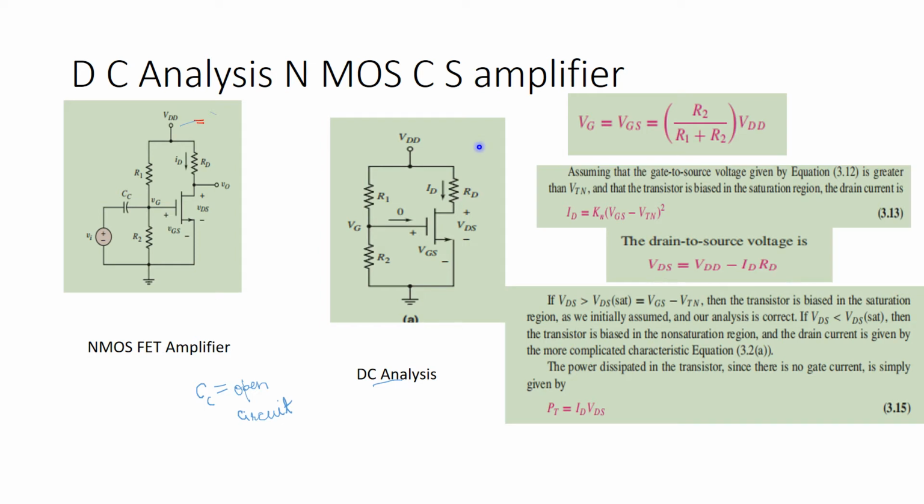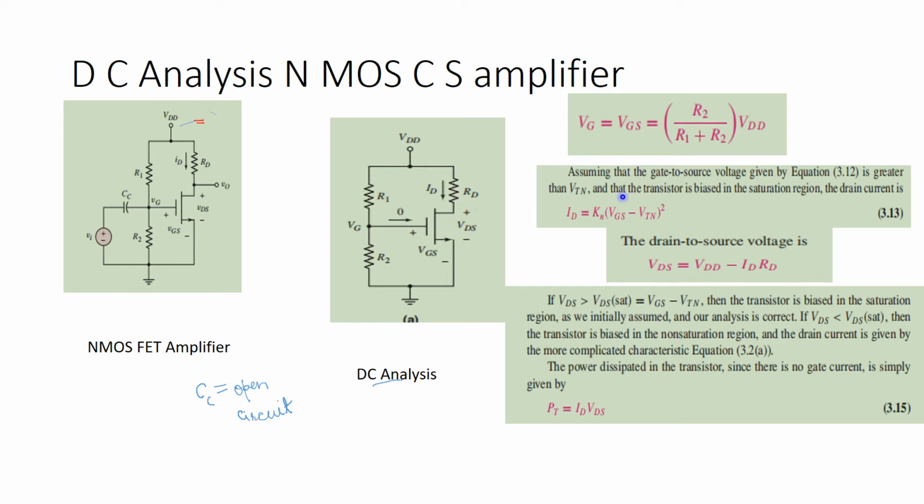Then the drain current is given by Shockley's relation, that is ID is equal to Kn into VGS minus VTN whole square.